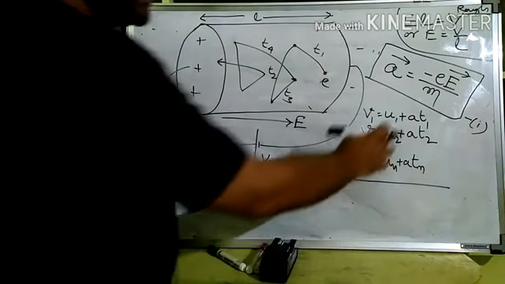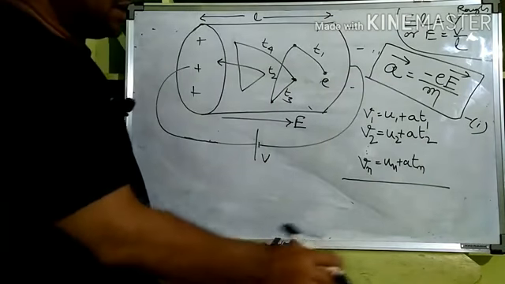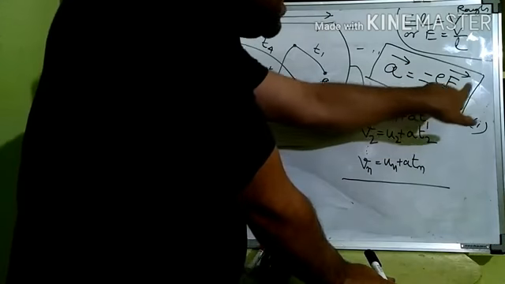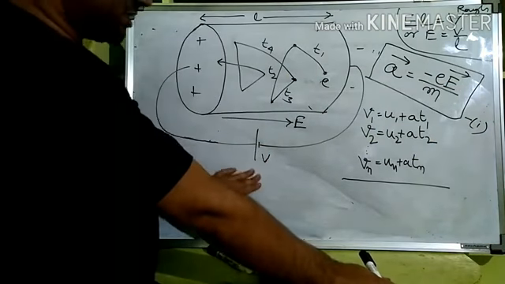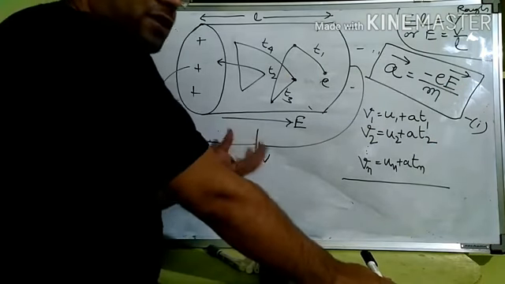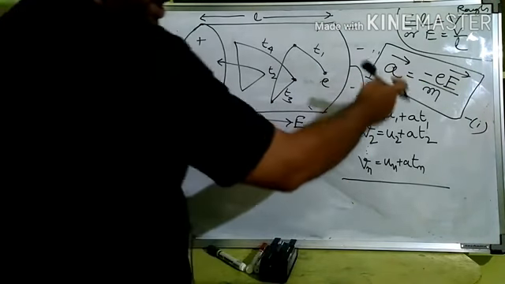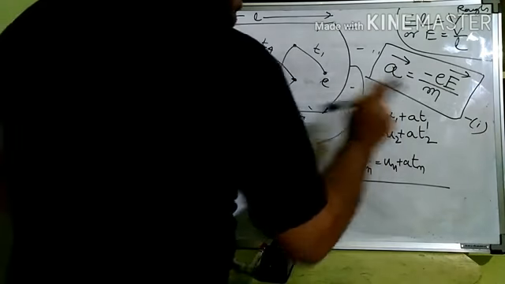Add everything together. Why am I writing only A everywhere? See, A is not changing: the mass of the electron is not changing, and the electric field applied across this, if 9 volts is given, is not fluctuating in between, so that also remains constant. So acceleration is also a constant. A is common everywhere, but U1 is changing, T1 is changing.